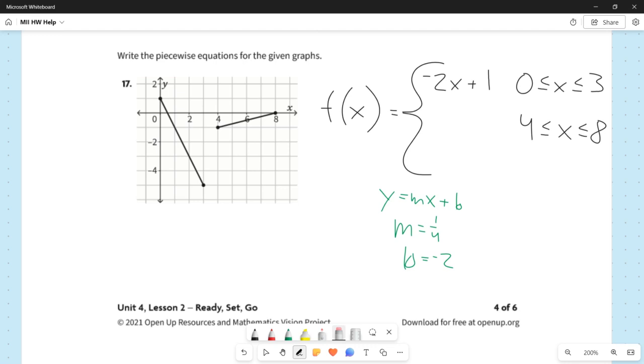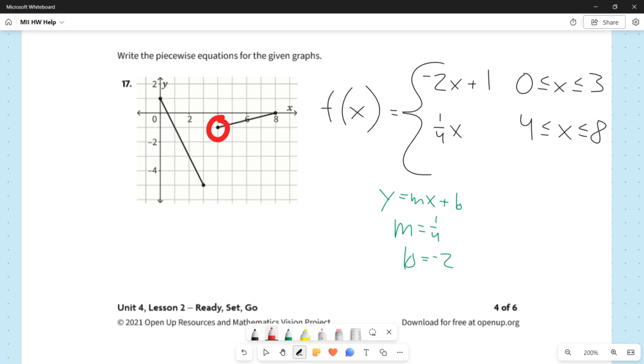So if the graphing approach doesn't work, which it might not on another problem, another way that we can get our value is to start by writing what we do know, which is the 1/4 x part. We don't yet know what follows that, but we do know just by looking at our graph that if we plug in a 4, we want to get a -1.